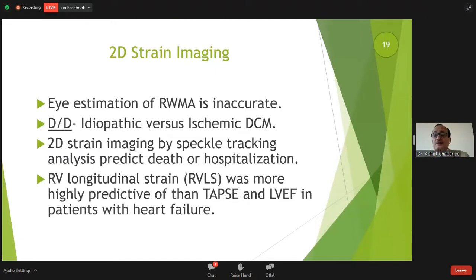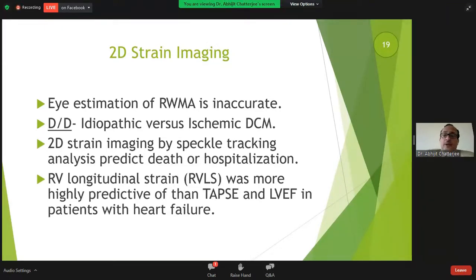During contraction, the distance between the two dots should be less because the heart is contracting. And conversely, the distance should be more during diastole. So this is more accurate and reproducible, and this is an objective method of measuring the regional wall motion abnormalities.